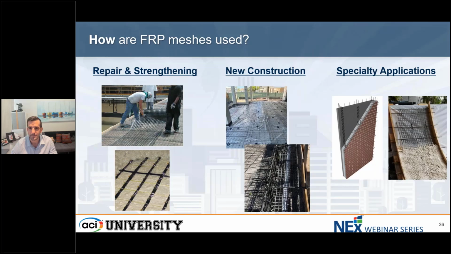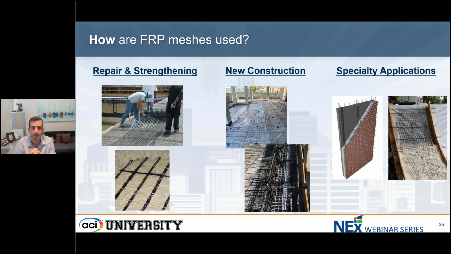And as we've already gathered from the explanations, there are many applications, and we want to divide the applications into these three main areas that we've observed. There's the repair and strengthening, primarily on existing structures, the new construction, and we can see a couple of slabs and grades.